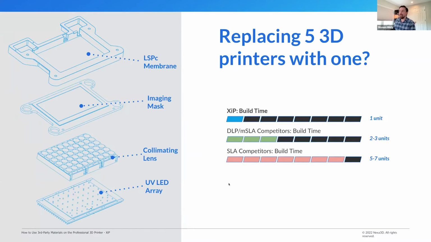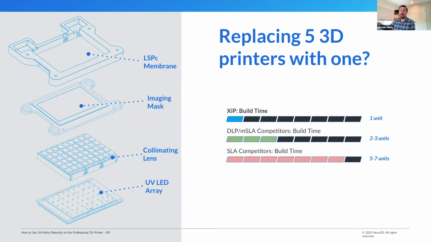And what does that mean in terms of speed? Well, with XiP, you could build with one unit the same amount of stuff that you would need about 2 to 3 printers on a DLP or MSLA competitor, or 5 to 7 print units. When I say units, I mean printers.